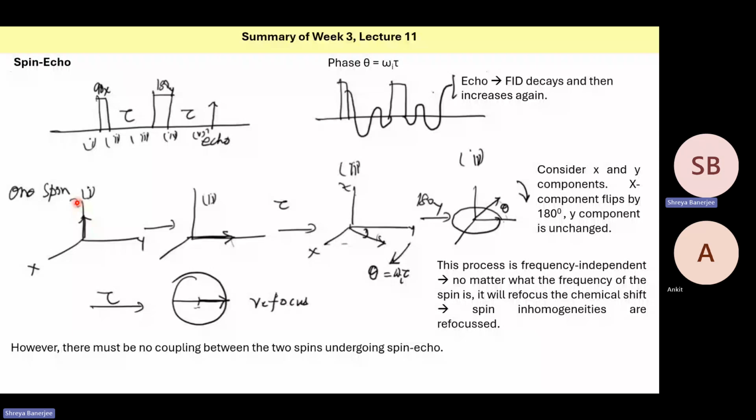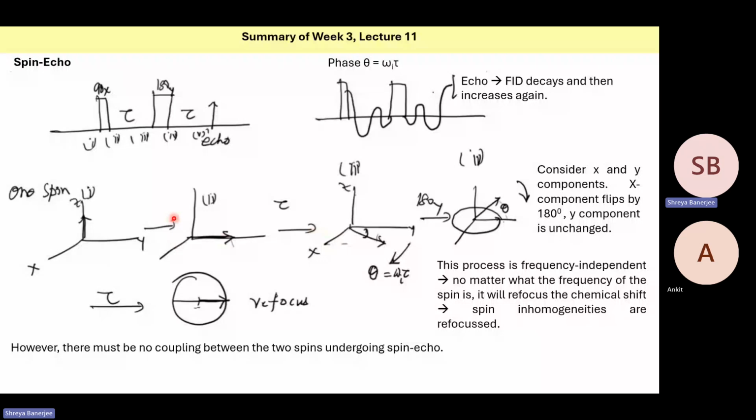When you apply a 90x pulse, it will force the magnetization to come along the y-axis. So this is your point 2, which is just after applying the 90x pulse, where your magnetization is along the y-axis. After that, a time tau is given. During this time tau, this magnetization will precess in the transverse xy plane by a certain angle which we are calling theta.